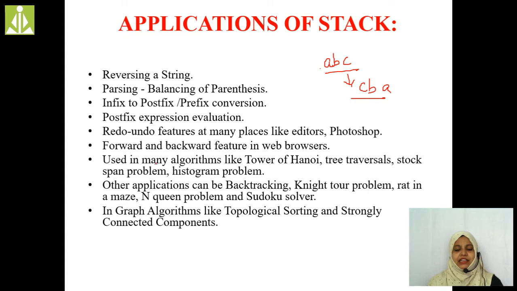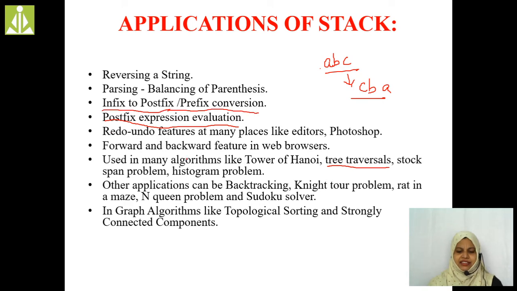All these are applications of stacks. We can use them in the Tower of Hanoi problem and tree traversal methods. In data structures you will learn how to perform tree traversals and how to evaluate postfix expressions. Next is conversion of infix to postfix and infix to prefix using stacks.